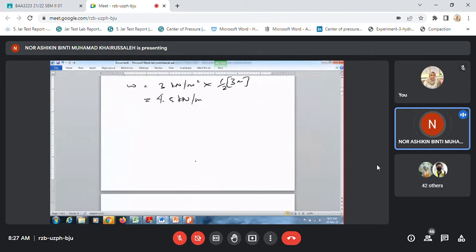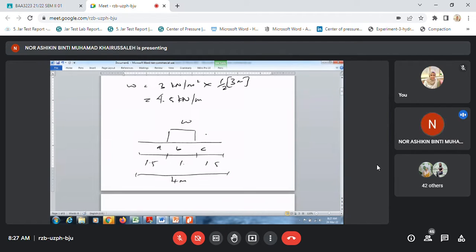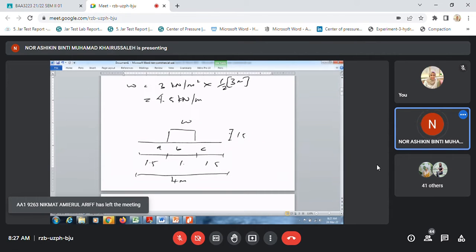So the first shape is going to be this one, this part, which is W. So what is the value of A, B, C here? So A is 1.5, 1, and 1.5, isn't it? Yes, doctor. Okay, so this one is 1.5.